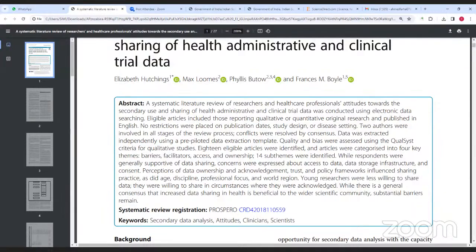Okay. And the most important part is the theme identification. Here you can find 18 eligible articles were identified, and articles were categorized into four key themes: barriers, facilitators, access, and ownership. So to study that these abstracts are related to the barriers, initially you have to make the codes.